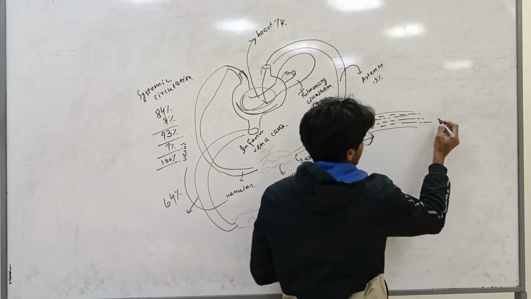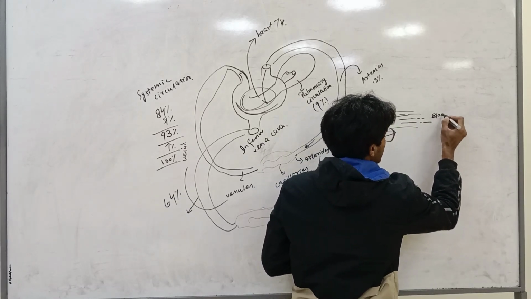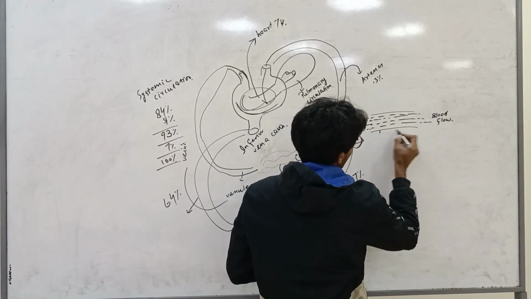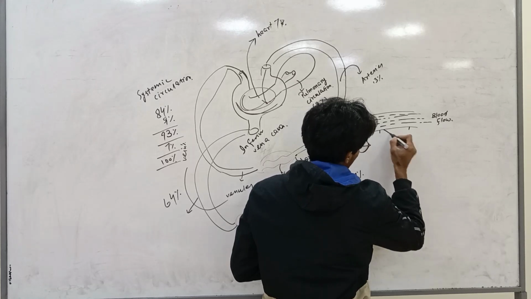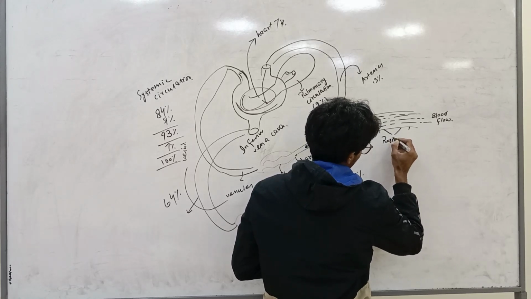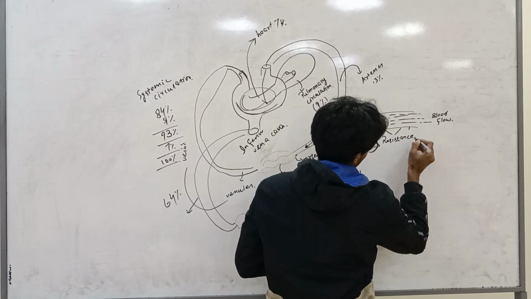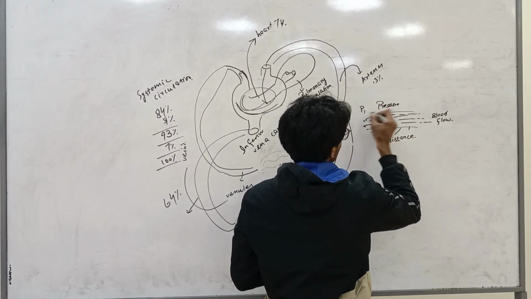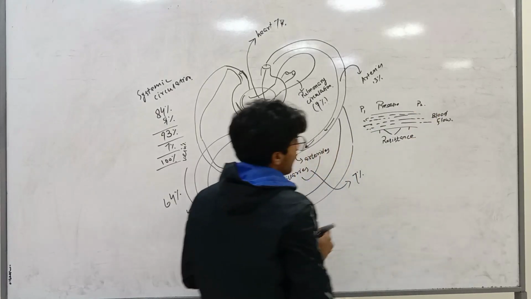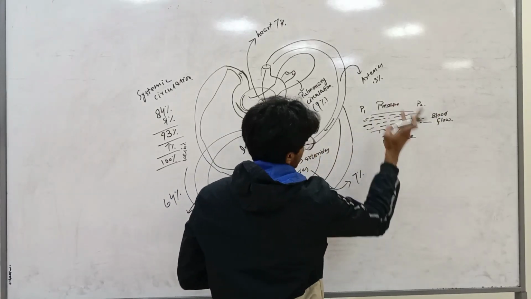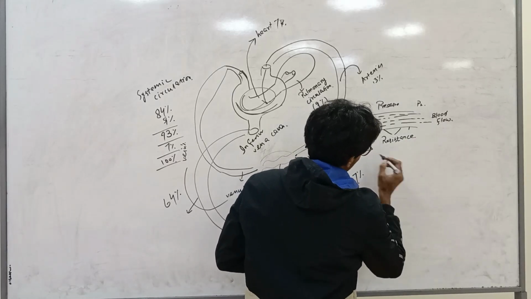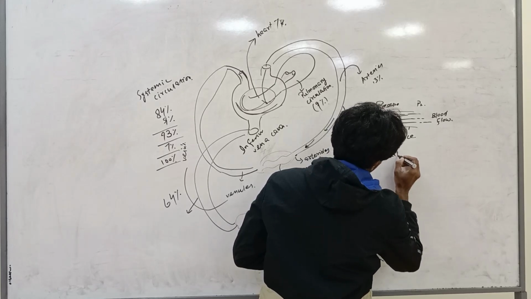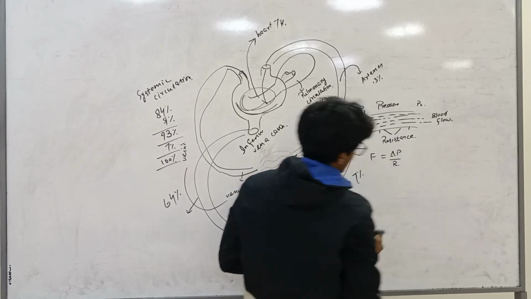Simply, we have blood flow, and we have blood resistance in the vessel. We have pressure between the two ends, P1 and P2. And what is the relationship of pressure, resistance, and blood flow? We find it with the help of the formula F equals delta P over R.